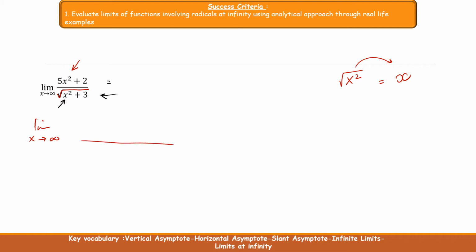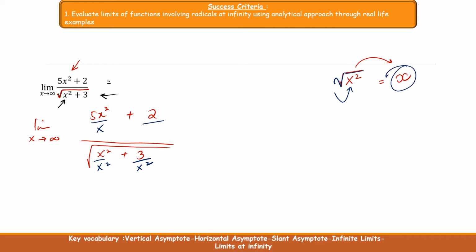So how can we solve it? 5x square plus 2 I will write as it is, and in the denominator I will write square root x square plus 3. Now whenever I write the x is under the square root, I will write x square. So in the denominator I will write x square. But in the numerator I will write x. Why?